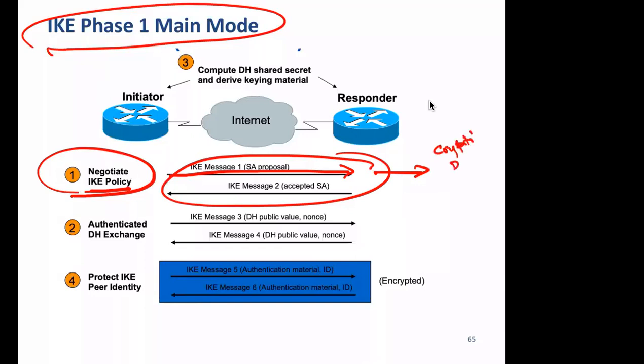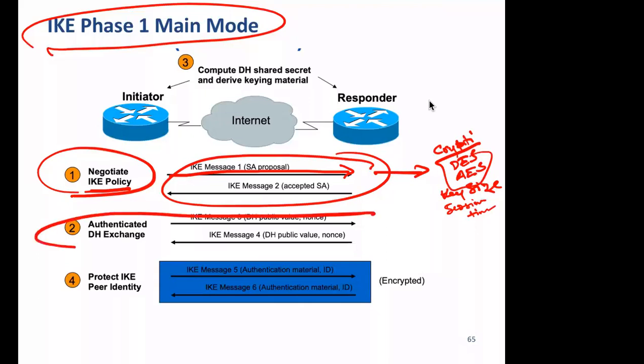Say DES or AES or something. What is the key size, etc. What is going to be the session time? There are a lot of other parameters. This negotiation will first happen in the open, in plain text, and then the Diffie-Hellman exchange will happen.